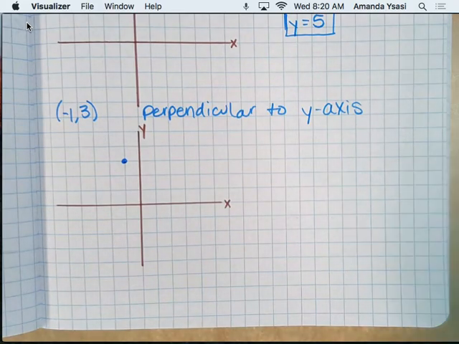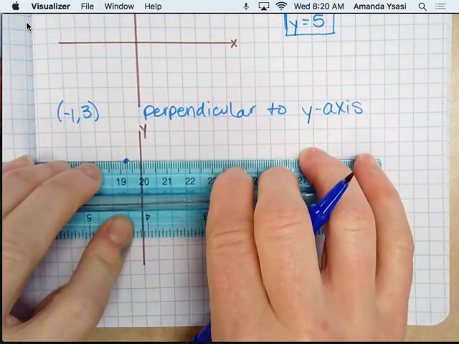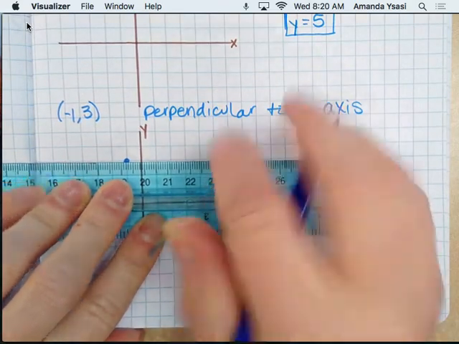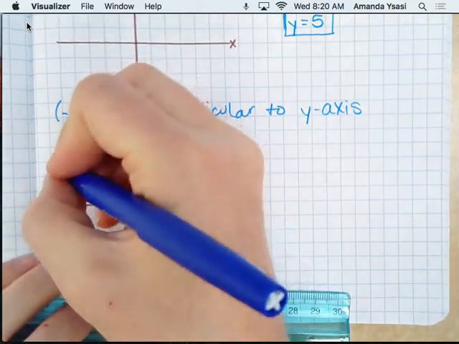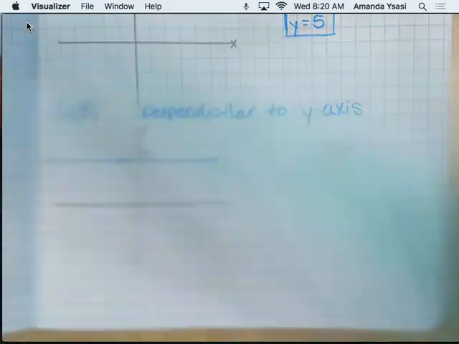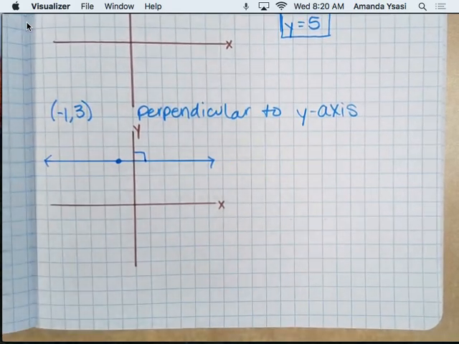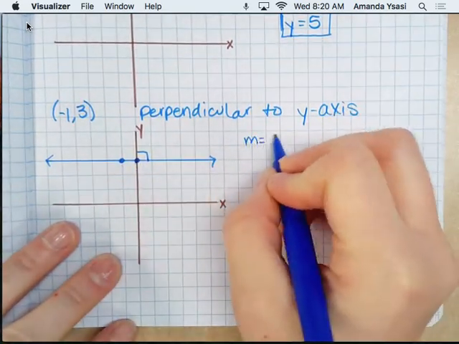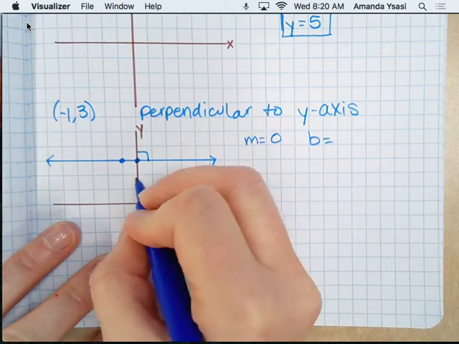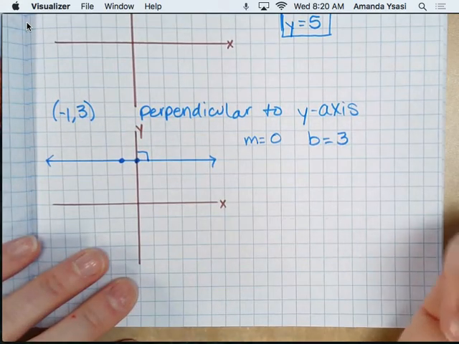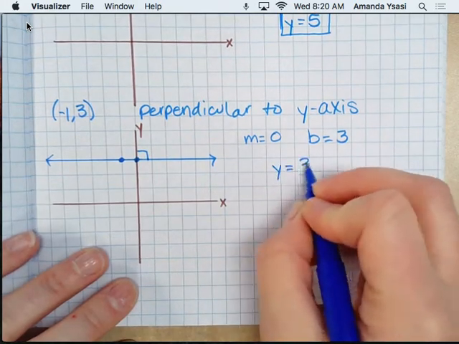Perpendicular to the y-axis, horizontal line. Make a little right angle there. So we know the slope's going to be 0. Our y-intercept is 1, 2, 3. y equals 0x plus 3, or just y equals 3.